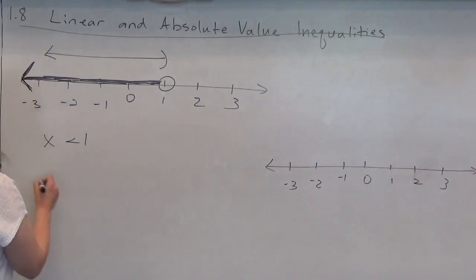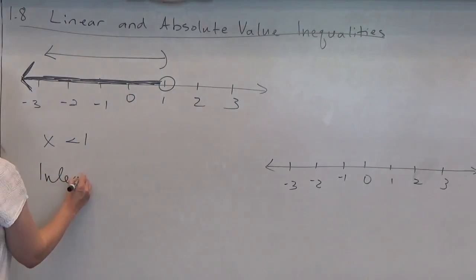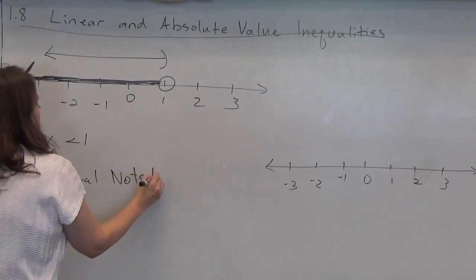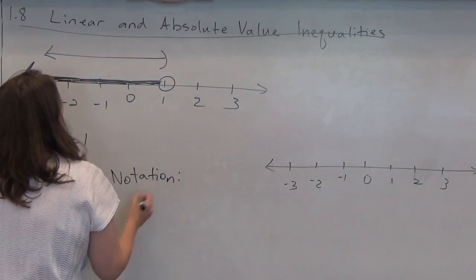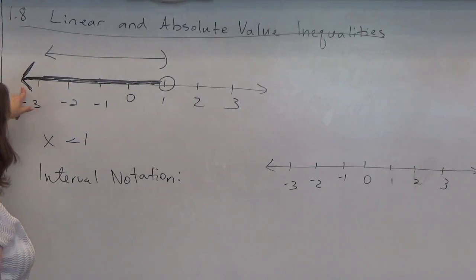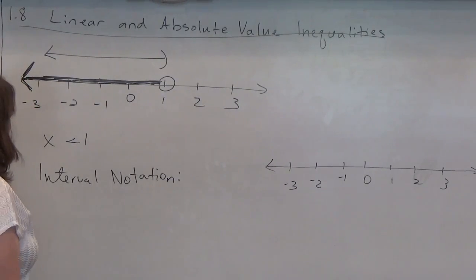So for interval notation, we're going to say that the graph is beginning over here at negative infinity. It's going forever in this direction into the negative values.